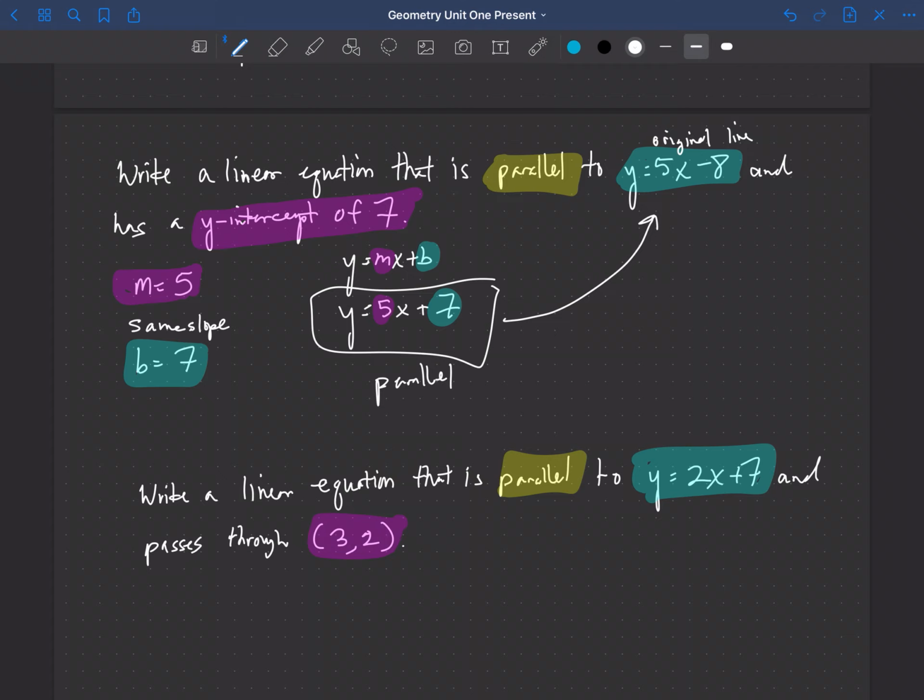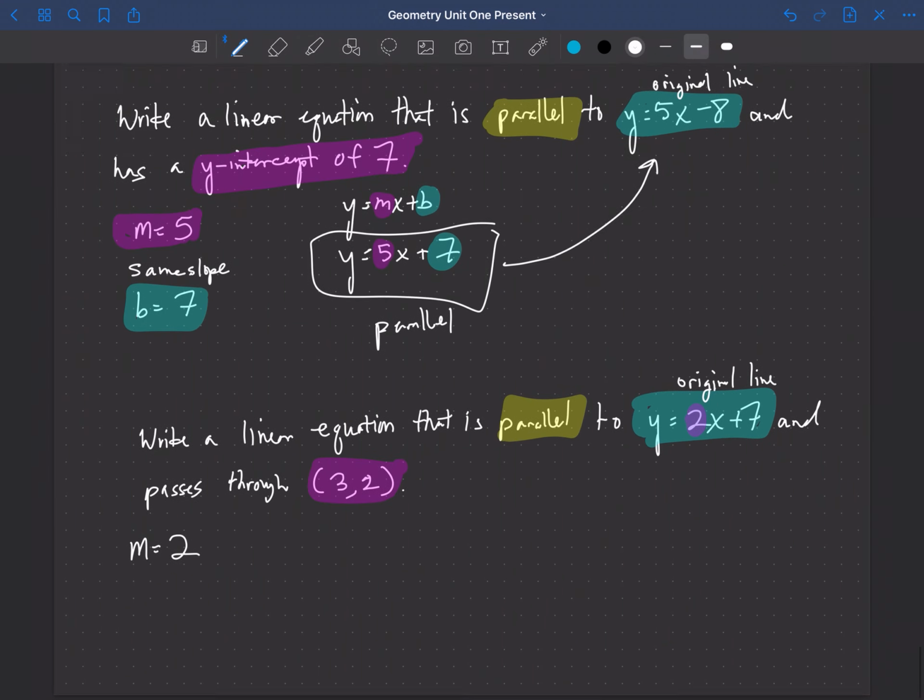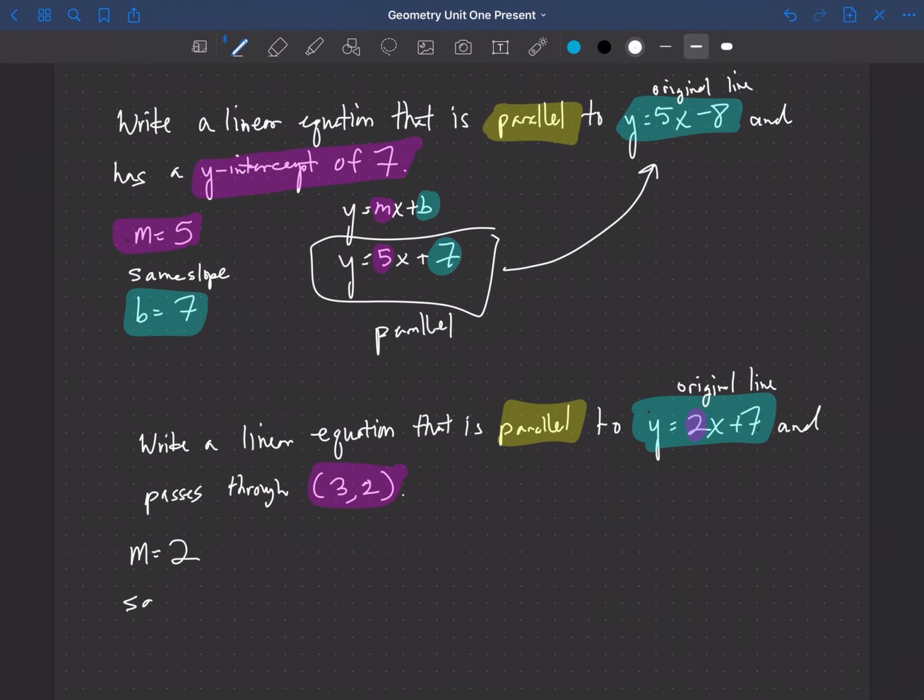So first, our original line, we are trying to get the slope out of that, so we need 2. So m equals 2. We want it to be parallel, so we're going to use the same slope. And the last piece of information is we have a point, (3, 2), but we don't have a y-intercept.